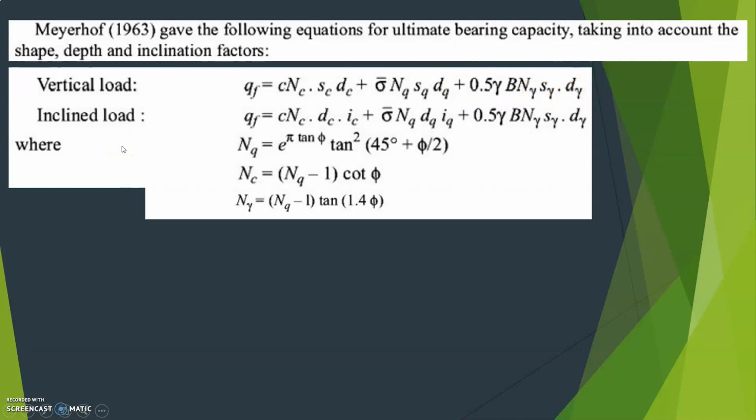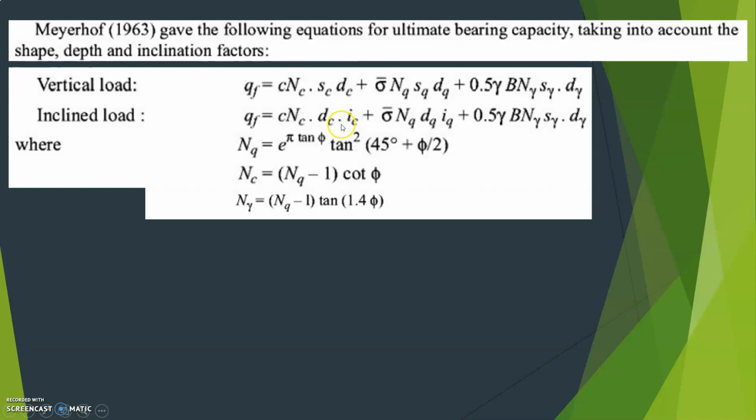For the inclined load, he considered the inclination factor. So he just added Ic, Iq, I gamma for the first, second, third term respectively. That means qf is equal to c Nc Dc Ic plus sigma dash Nq Dq Iq plus 0.5 gamma B N gamma S gamma D gamma.